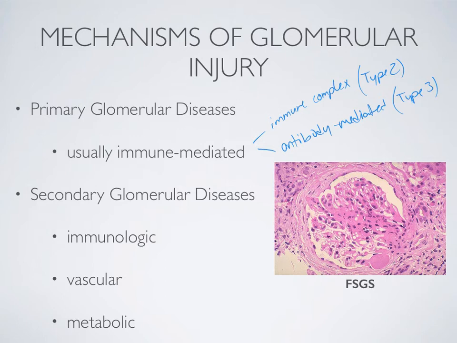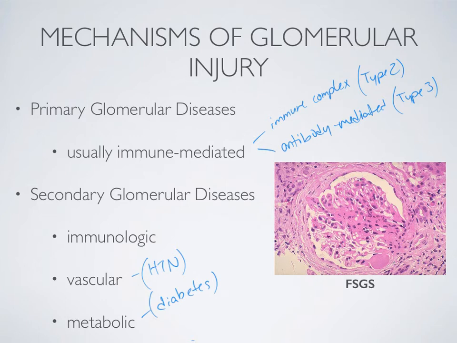And then with secondary glomerular diseases, they're often also immunologically mediated. But you can also have vascular or metabolic causes, as in diabetes or hypertension. And this picture over here is showing focal segmental glomerular sclerosis.